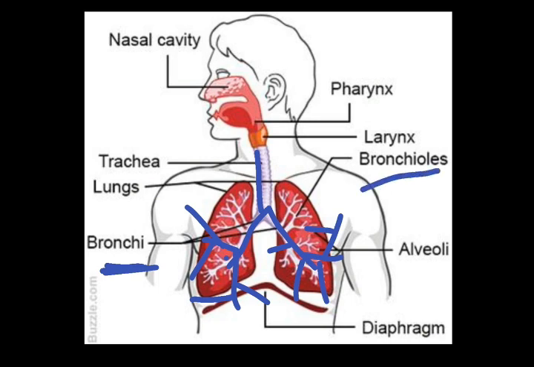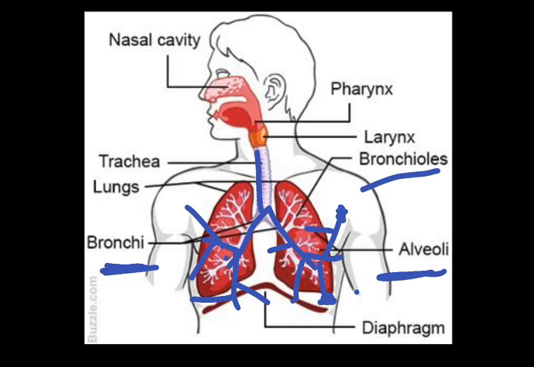So the trachea divides into bronchi, and the bronchi further divide into bronchioles. At the tip of the bronchioles, we have a balloon-like structure called alveoli. Although it looks like a balloon, rather it is a cluster of grapes. Like a bunch of many grapes, it is present at the tip.